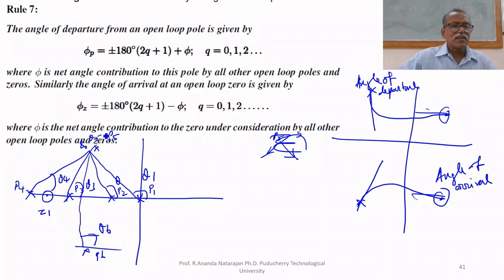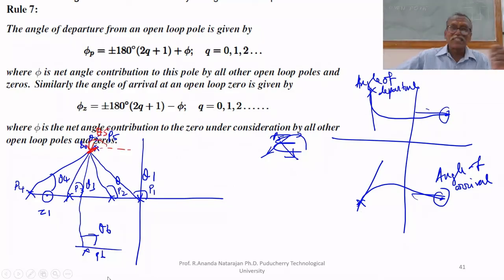The angle of departure from P5 is theta 5, and that is what we have to find. We do not know what angle it is coming out. If you join the line P5 and S0, that is the angle.